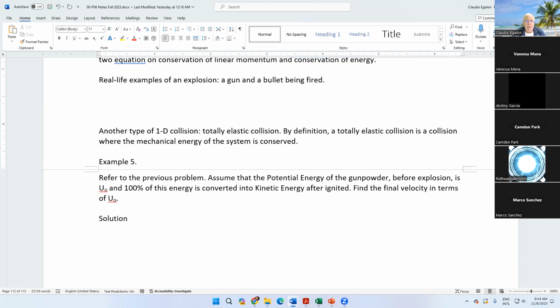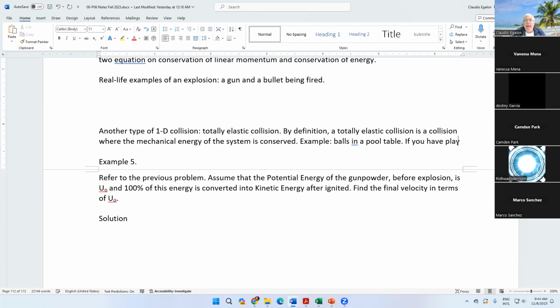Okay, and we have this other situation, which is a totally elastic collision. Example: balls in a pool table. You have played pool, right?